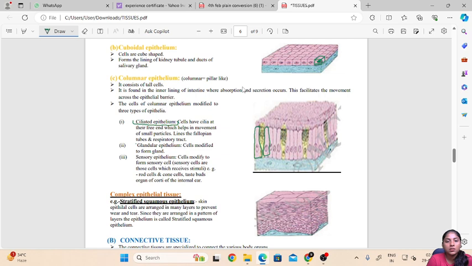And such tissues are called glandular epithelium. Then the third type is sensory epithelium. This type of columnar epithelium will be modified to form sensory cells. For example, taste buds. Now we can taste because the taste buds have sensory functions. They can receive certain stimuli and respond to it. The example is rod cells and cone cells. These are present in our eyes, and because of this we can perceive the images that we see.